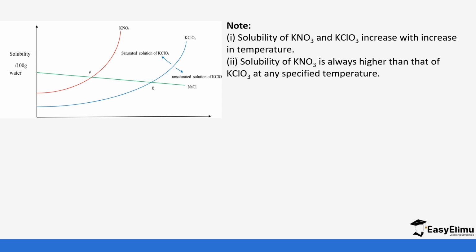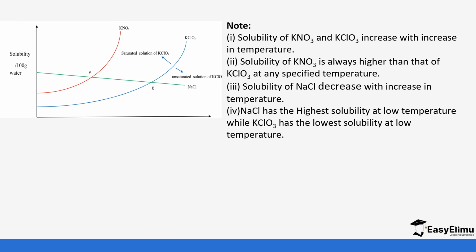Solubility of potassium nitrate is always higher than that of potassium chlorate at any specific temperature, and solubility of sodium chloride decreases with increase in temperature. And then sodium chloride has the highest solubility at very low temperatures, while potassium chlorate has the lowest solubility at low temperature. So it goes in opposite.